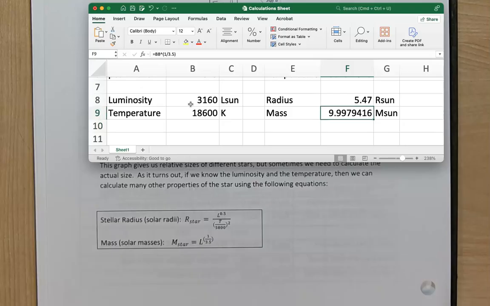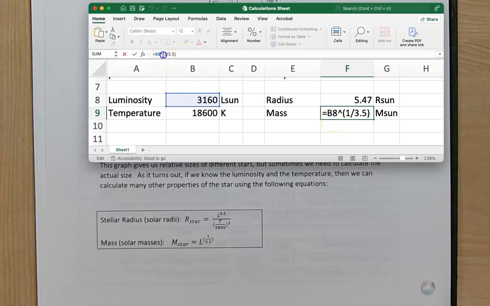A word of caution. Let's go back here. You want to make sure that you keep these parentheses, because you want to do 1 divided by 3.5, and that whole value, 1/3.5, is the exponent on luminosity.